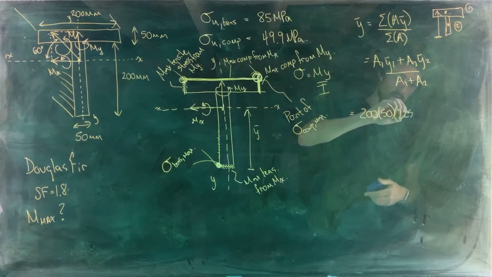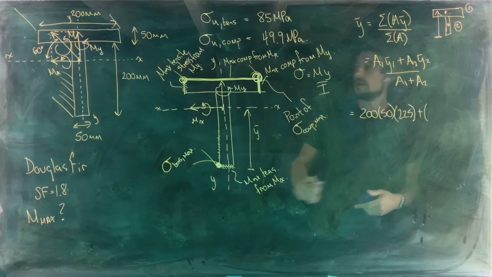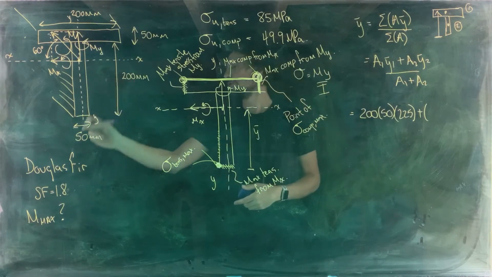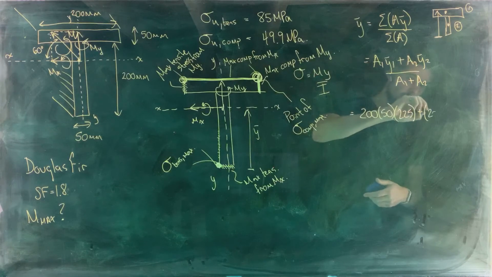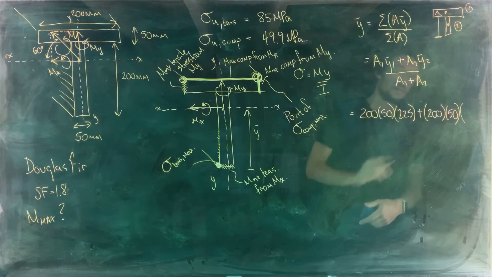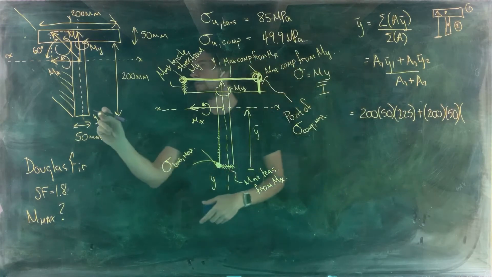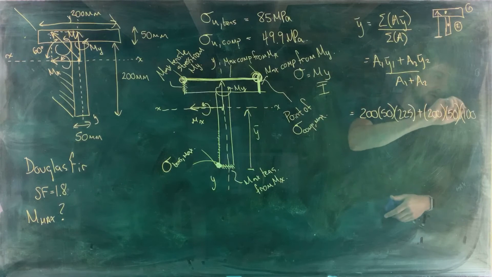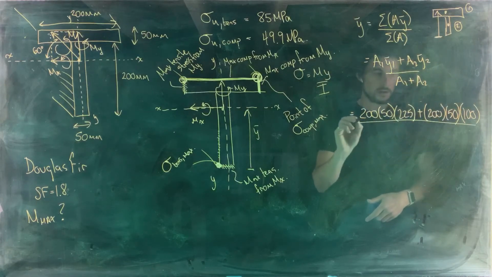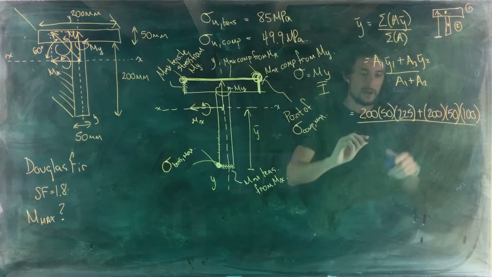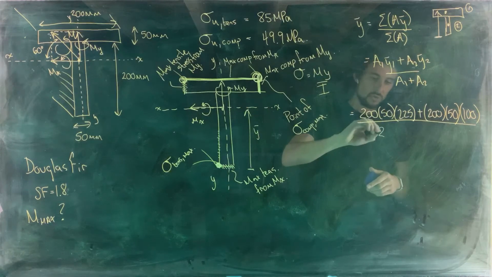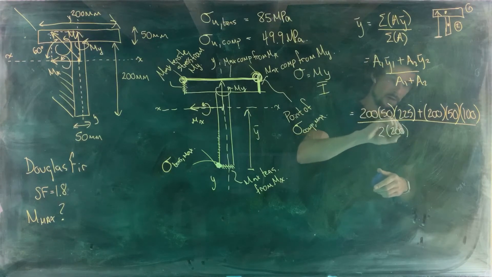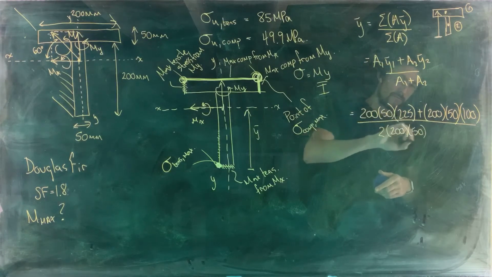Plus the area of the bottom piece, also 200 by 50, and its centroid location from the base is 100 millimeters up. And then we're doing the combined areas, so 2 times 200 by 50.